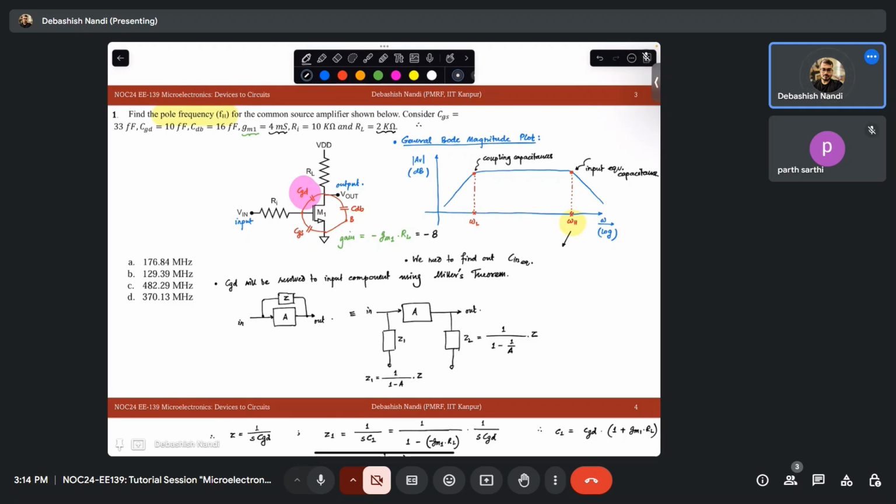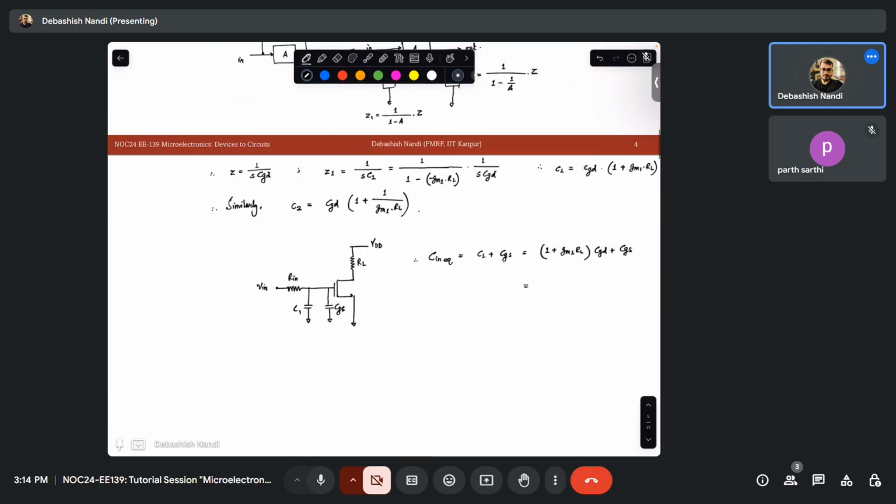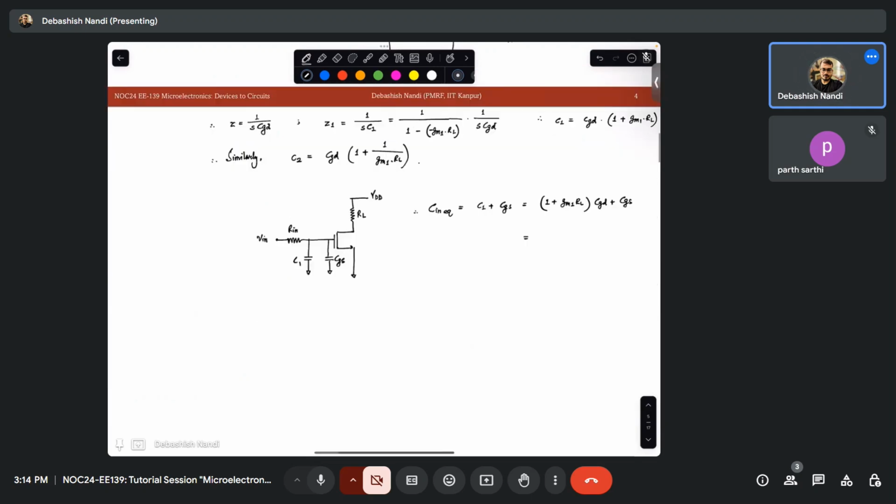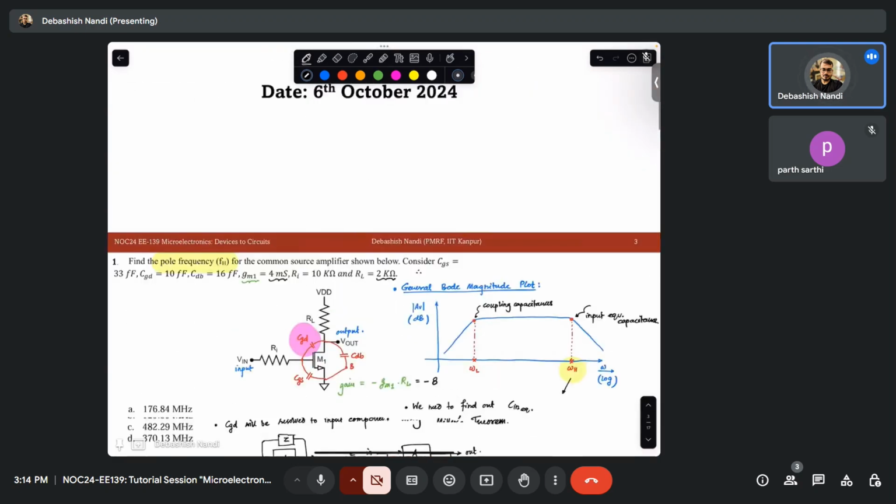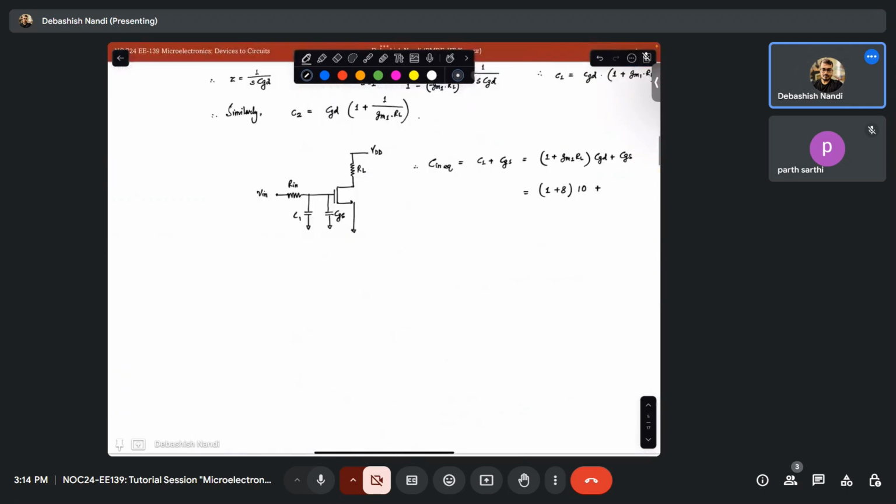Okay, and CGD is 10 femtofarad. So this is (1 plus 8) times 10 plus your CGS is given as 33 femtofarad. So it will be your 123 femtofarad.